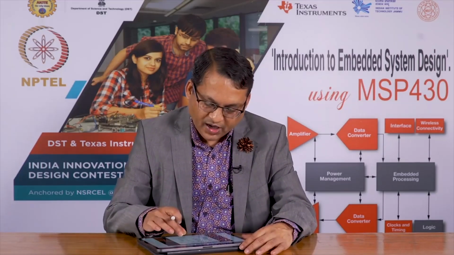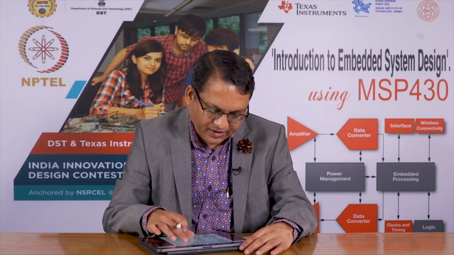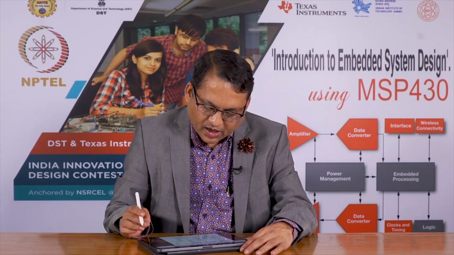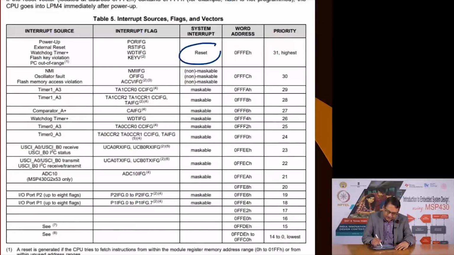Each address is 16 bits, and so for 32 interrupts it requires 64 memory locations, and this is the description of that. As you can see, at the top of the table is the reset vector, and you have other interrupts associated with various peripherals of the G2553.